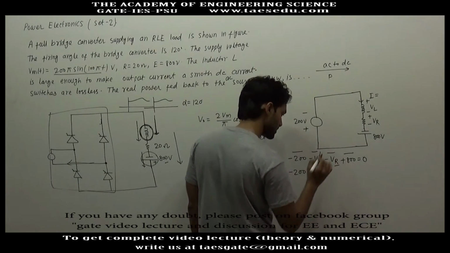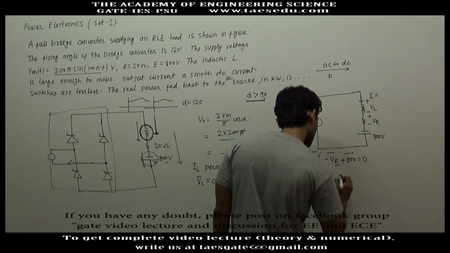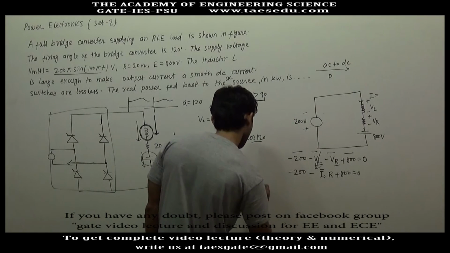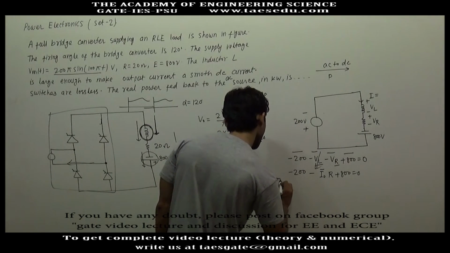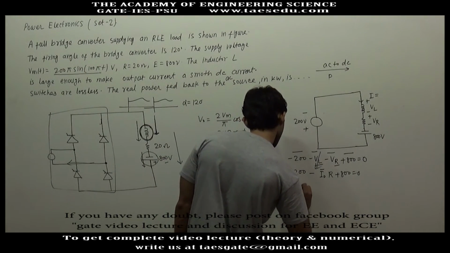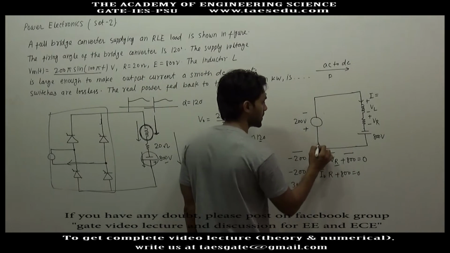Average voltage across resistance will be the average output current into resistance, plus 800, equal to 0. So I naught will be 600 divided by resistance, which is 20. This will be 30 ampere. So 30 ampere current is flowing here.